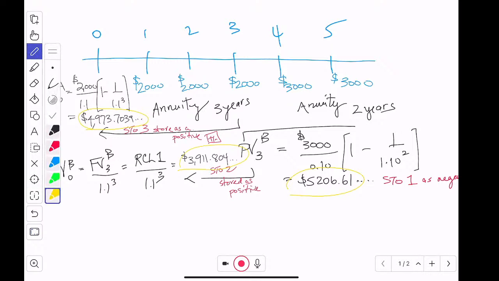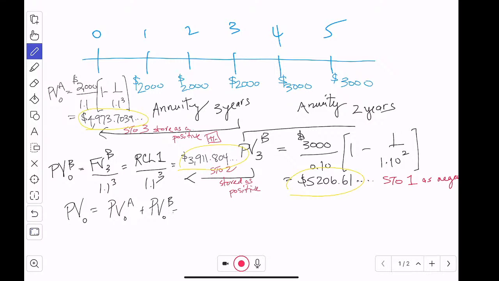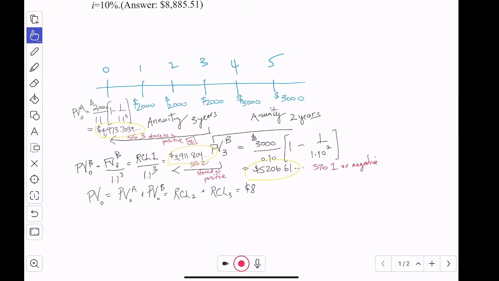So the final step is to sum. And that gives the answer that we're looking for.